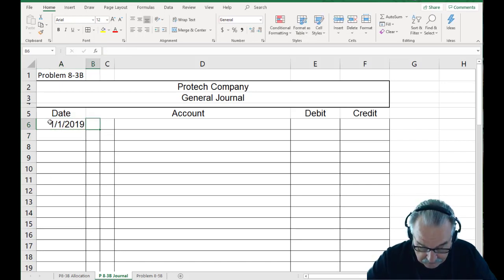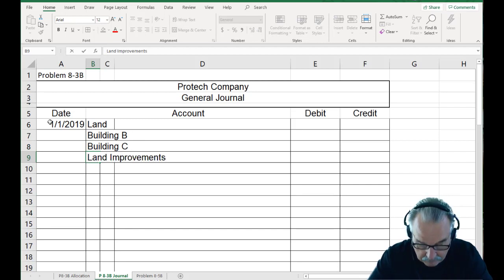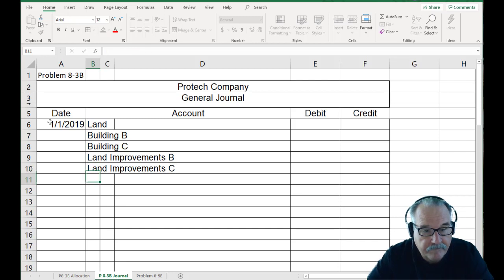We have land, building B, building C, land improvements B, land improvements C. And we paid cash for everything.